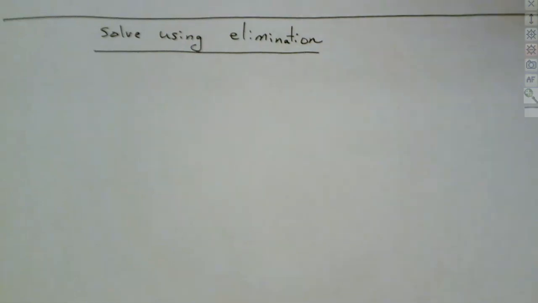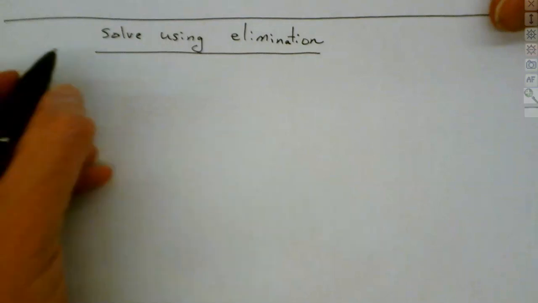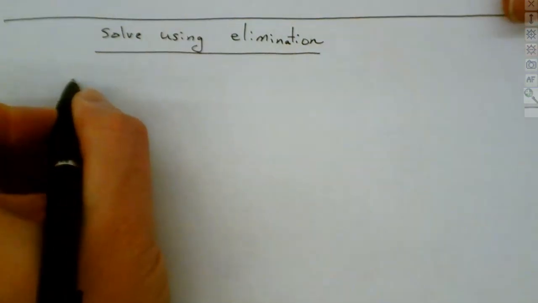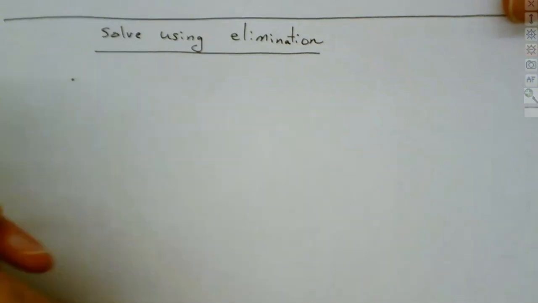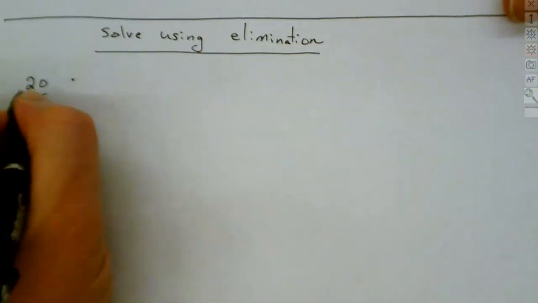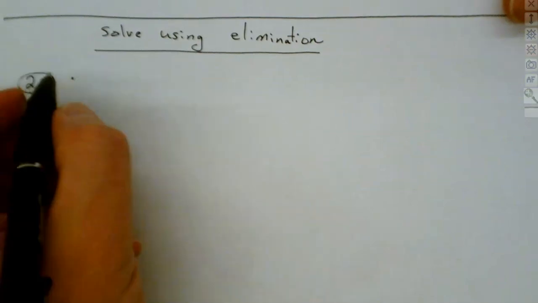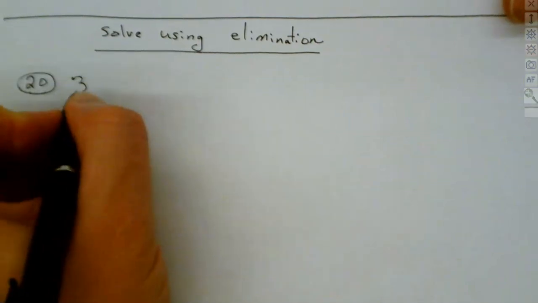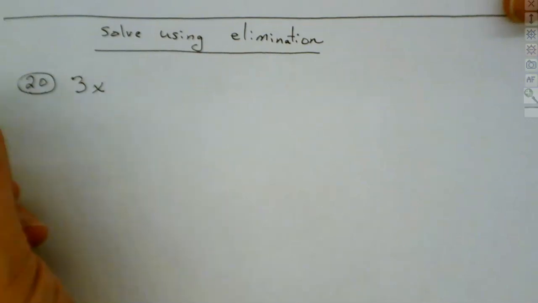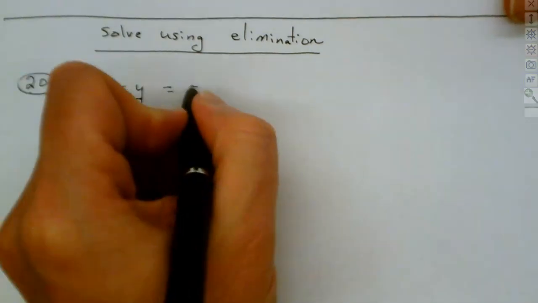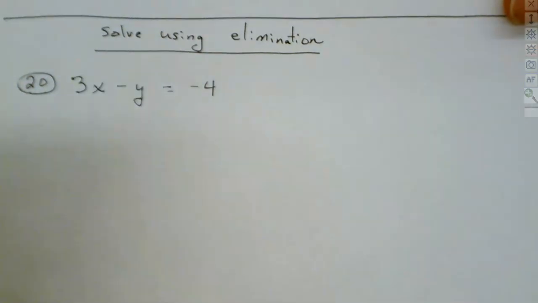Let's look at question 21. Actually, let's start with an easier one. Let's do 20. 20 is a little bit easier than 21. So for question 20, we've got 3x minus y equals minus 4.